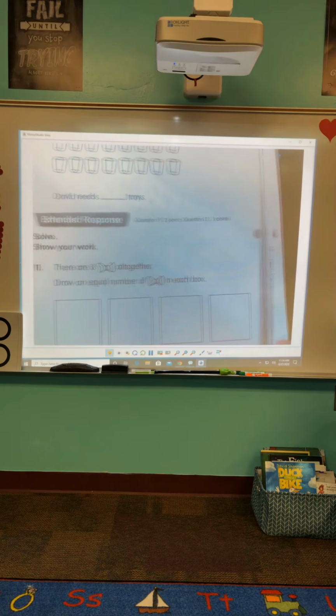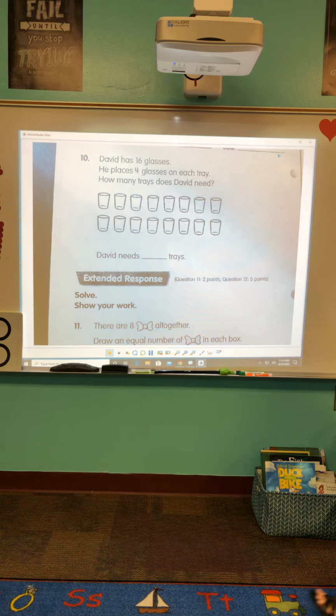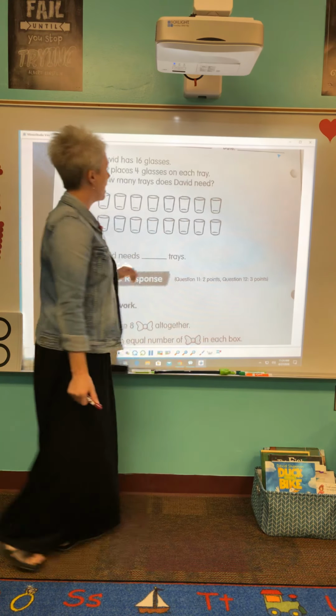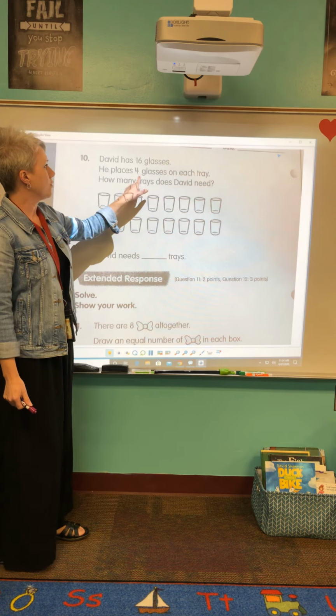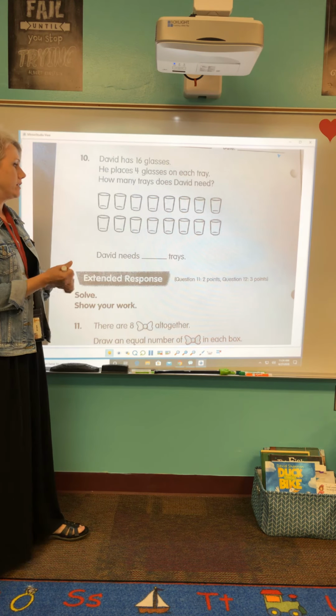All right, moving on to number 10. David has 16 glasses. He places 4 glasses on each tray. How many trays does David need?